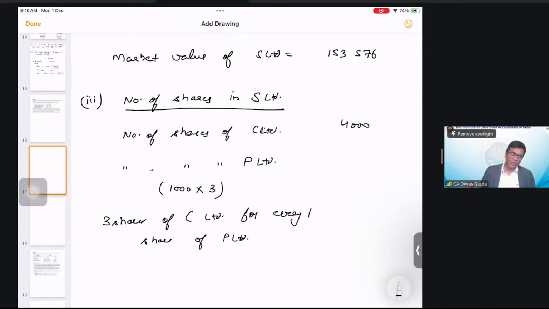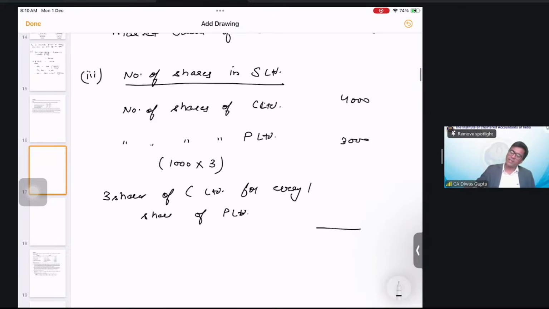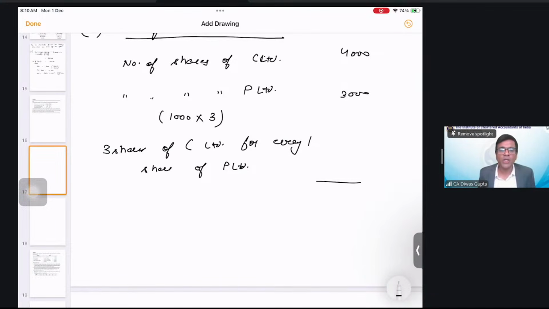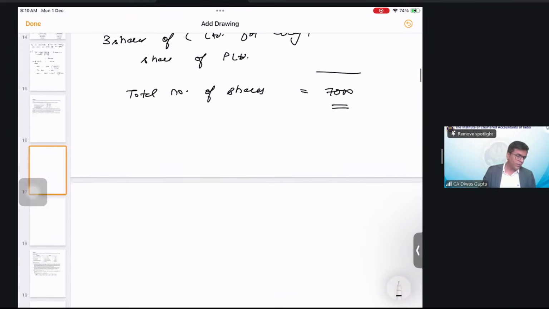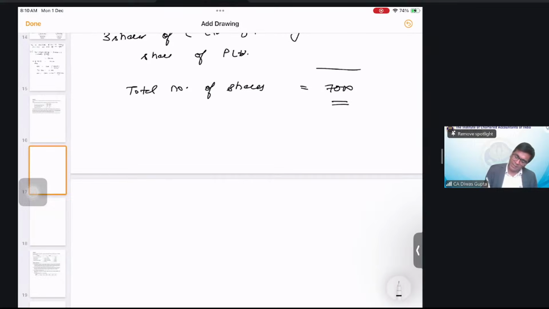Clear? So 3,000 shares will be represented by P Limited's shareholders and 4,000 shares by C Limited's shareholders. So the total number of shares is actually 7,000.